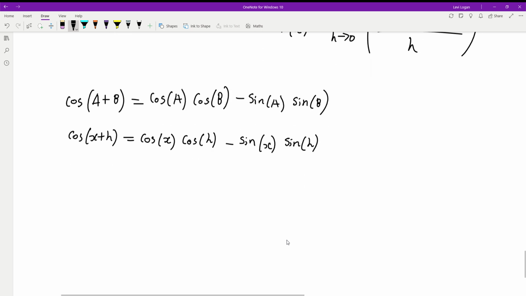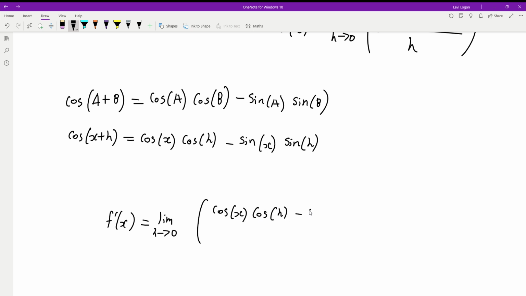Okay, so if I plug this into our derivative now, I'll get f dash of x is equal to the limit as h goes to 0 of f of x plus h, which is this guy here, so cos of x cos of h minus sine of x sine of h minus cos of x. Okay. Now we're going to do a similar thing to the sine term.